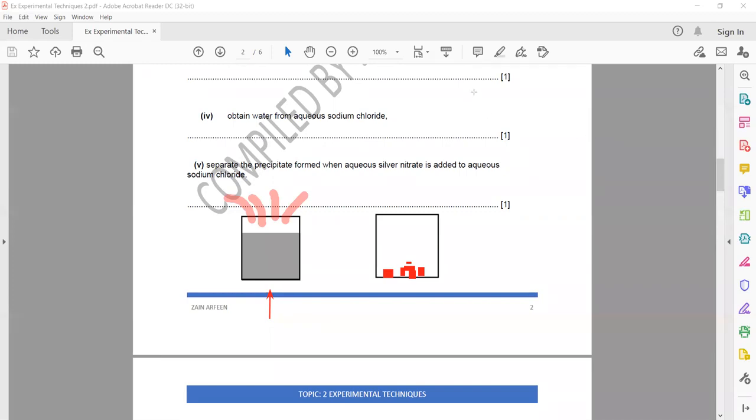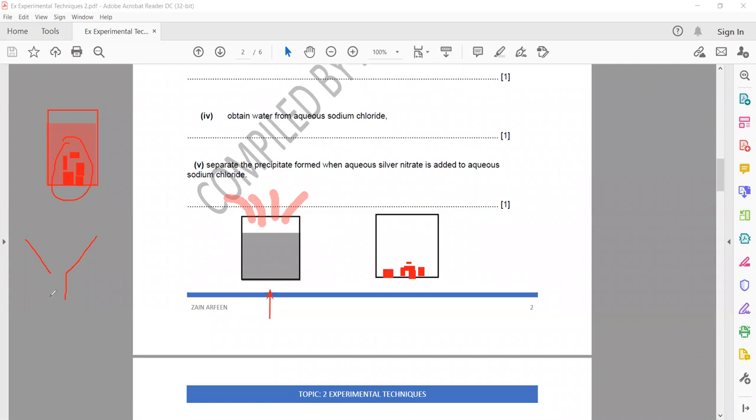And in filtration, what happens? You already have a solid present, so a liquid, and you can clearly see the solid or precipitate. We want to remove this solid from the mixture, so we can use filtration.